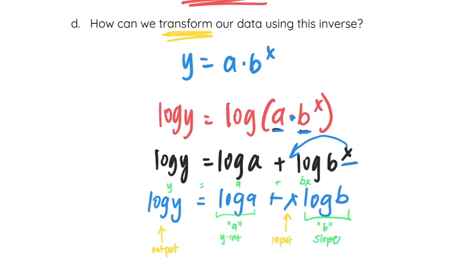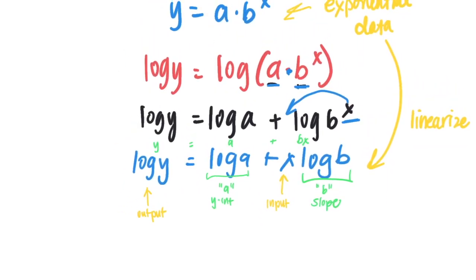So we're taking our exponential data and we are linearizing it to make it look like a linear equation. All right, let's go to the next page.